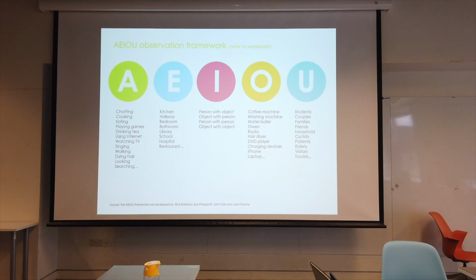The second one, E, stands for environments. Where is the activity taking place? For example, in a hallway, bedroom, library, canteen. Don't forget that, because environment is also important. They say that environment shapes people's behavior or performance.